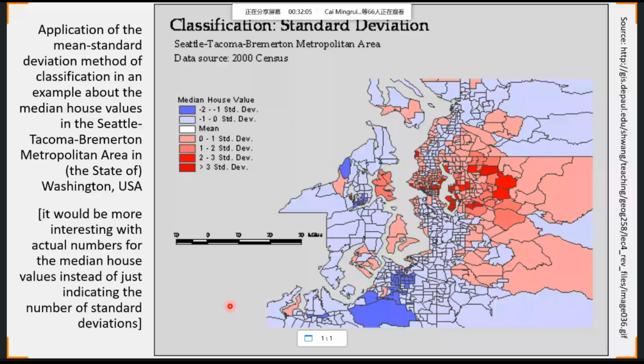But it would be more interesting with actual numbers for the median house values instead of just indicating the number of standard deviations. But this is also to show as an example how the method is applied, this classification here.